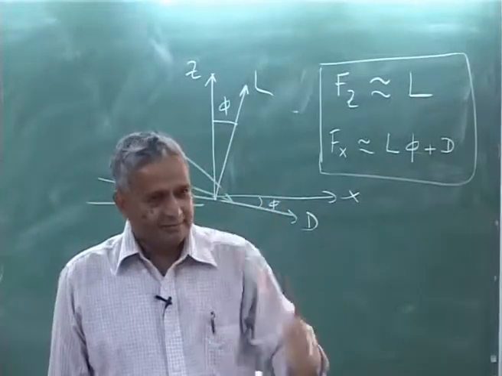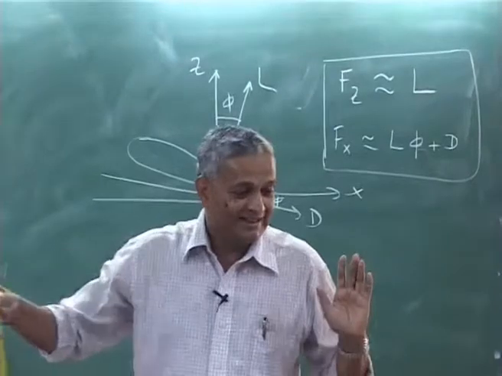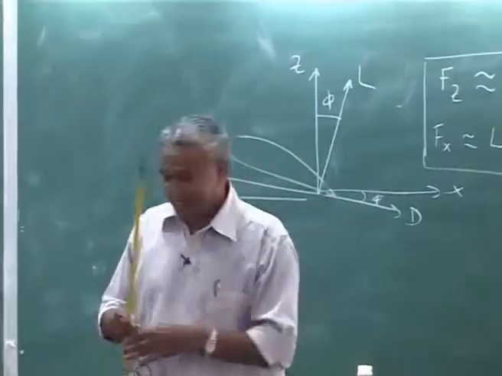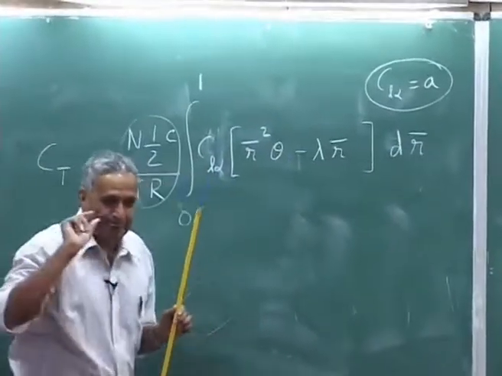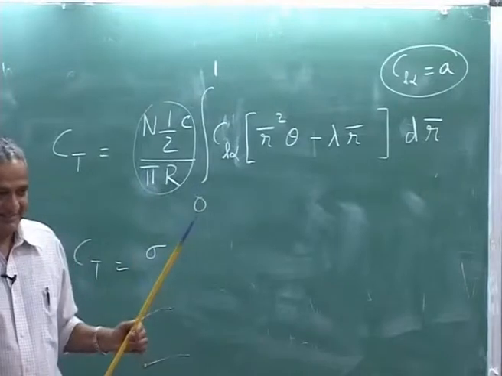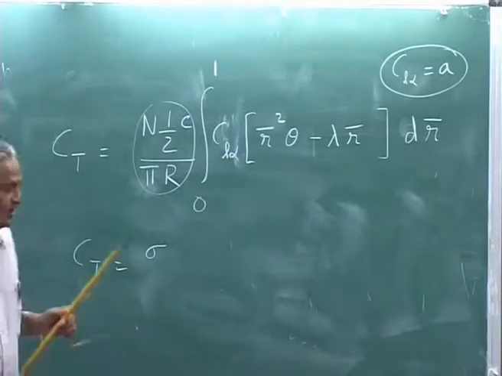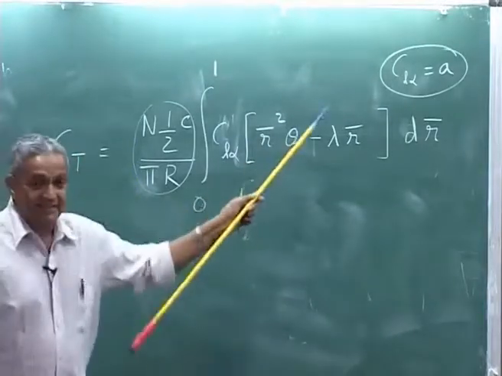But again, I am going to have the same airfoil throughout. Now, Cl alpha also comes out, which I call using the symbol A, because most of the helicopter literature uses the symbol A. Lift curve slope, Cl alpha, is A.